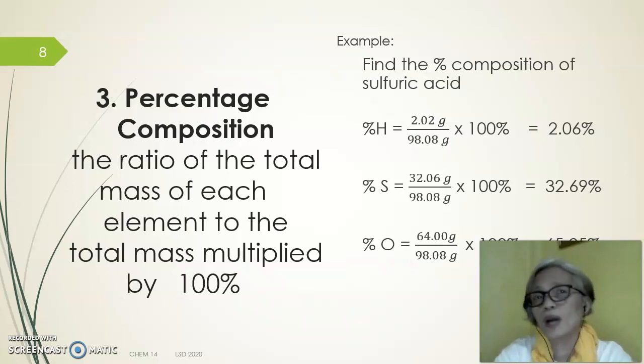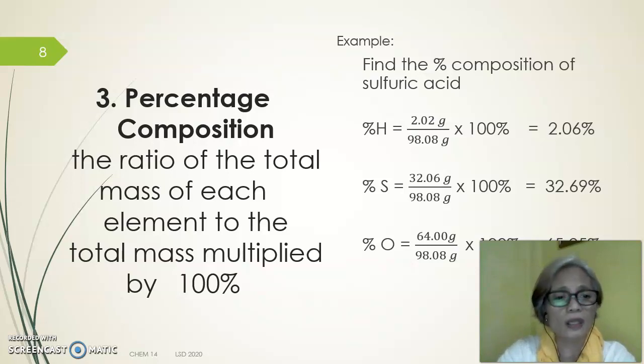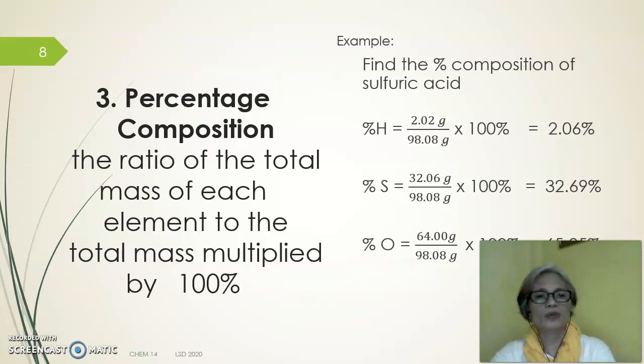So notice that if you add each percentage, then you should get 100%. Okay, so based on this example, we note outrightly that in sulfuric acid, oxygen is the most abundant element. So sulfuric acid contains 65% oxygen.